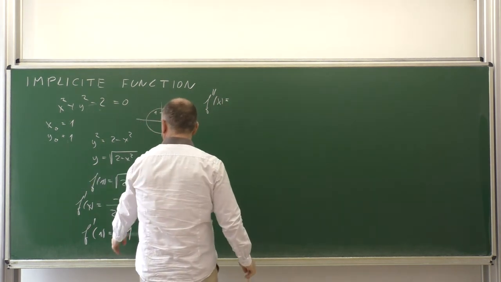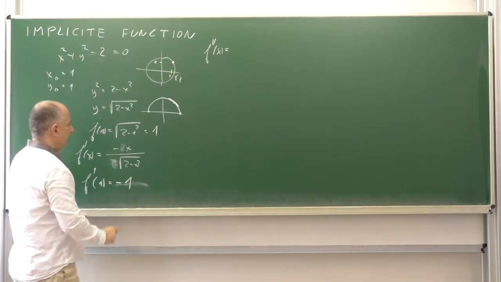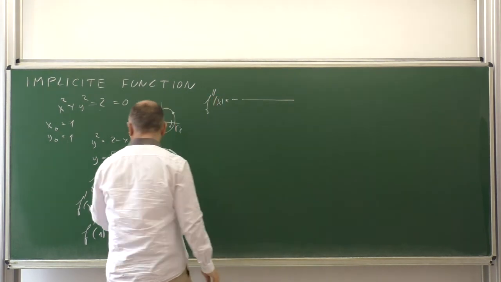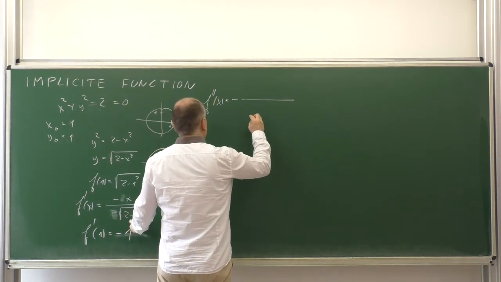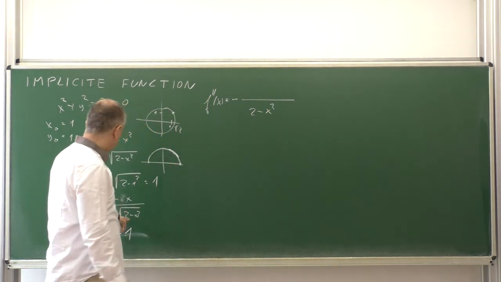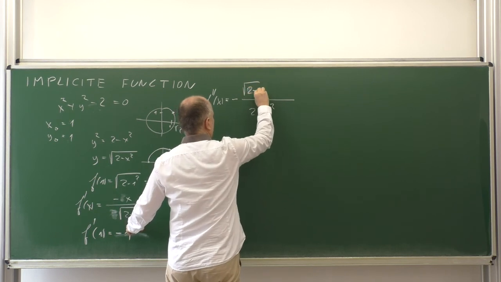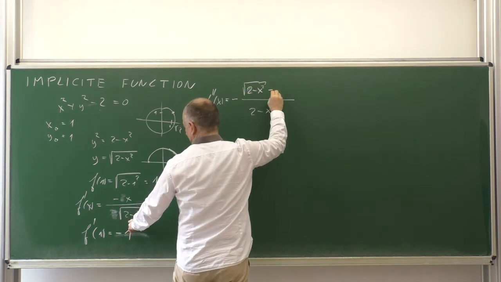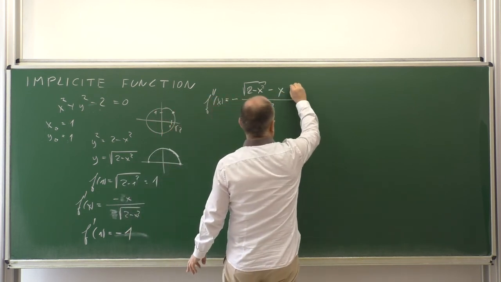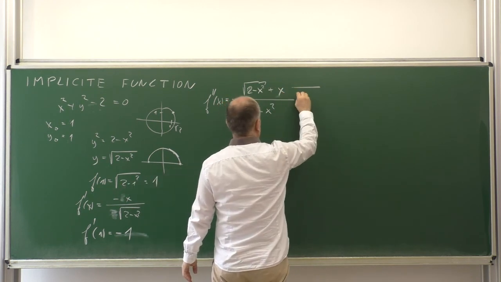Which is the derivative of this, so let me reduce by 2. And let's write minus in front of the fraction, and we have 2 minus x squared. And here we have the derivative of x, which is 1, times the square root of 2 minus x squared, minus x, and the derivative of this is again the fraction, which is minus, so minus minus gives plus.